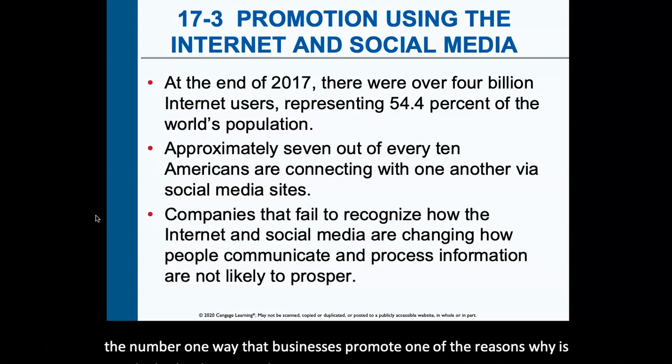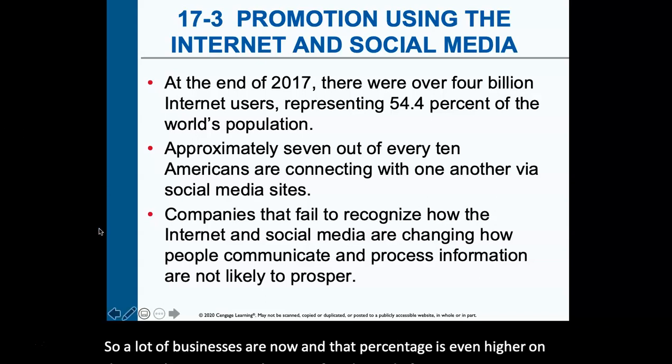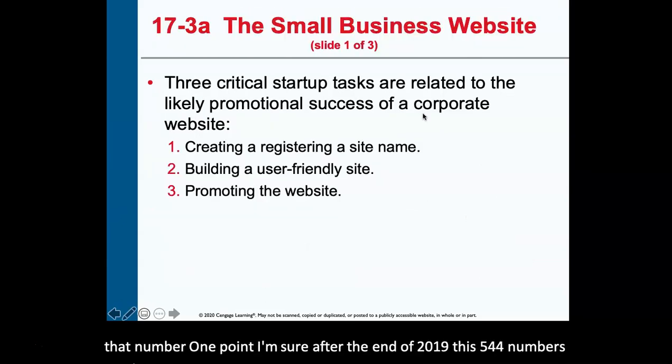People are looking at social media. They're not looking at the television, they're not looking at the newspaper, and they're not listening to the radio. So a lot of businesses are now, and that percentage is even higher on that number 1 point. I'm sure after the end of 2019, this 54.4% number is much larger.